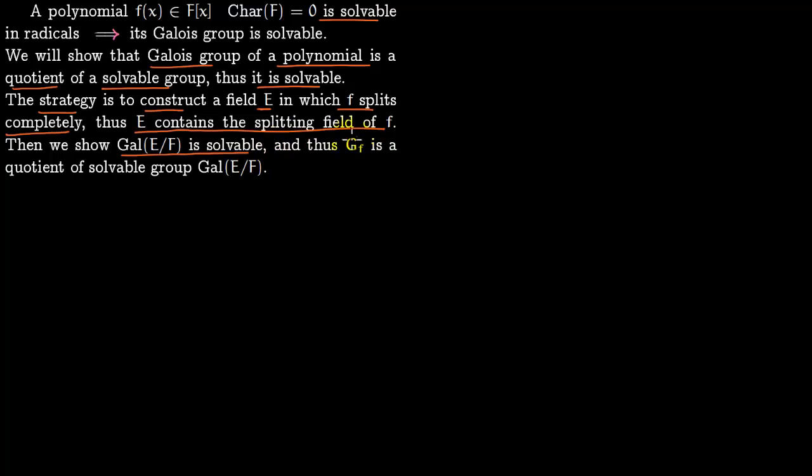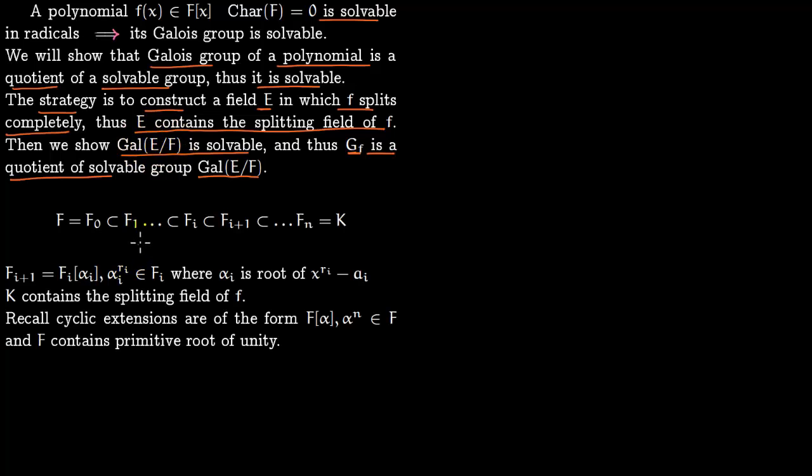Therefore the Galois group of the polynomial will be a quotient of the Galois group of E over F, because the splitting field of f is contained within this big field E. So G of f is a quotient of a solvable group, and this will show that the Galois group is solvable. So all we have to do is construct E, a splitting field for f, and show that the corresponding Galois group is solvable.